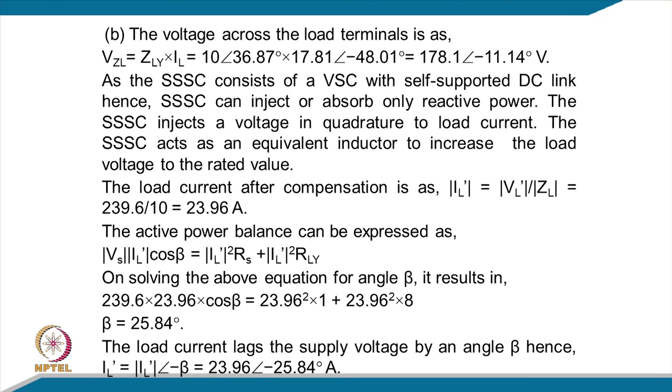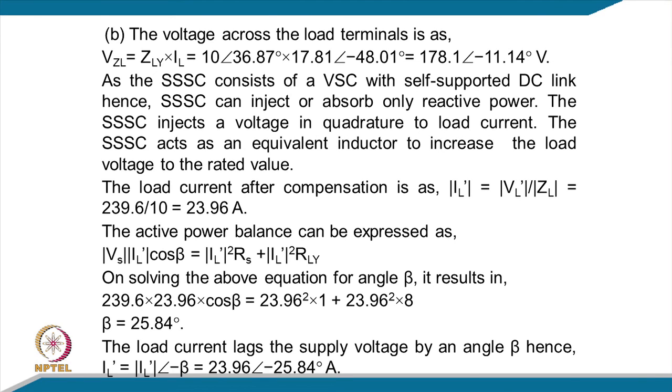As the SSSC consists of a VSC with a self supporting DC link, the SSC can inject or absorb reactive power. The SSC injects the voltage in quadrature to the load current. So the SSC acts as an equivalent inductor to increase the load voltage to the rated voltage.